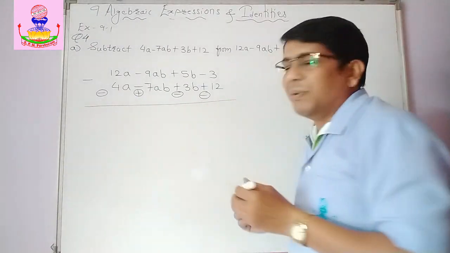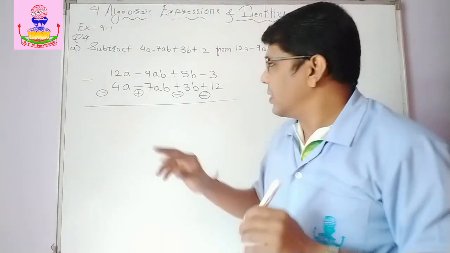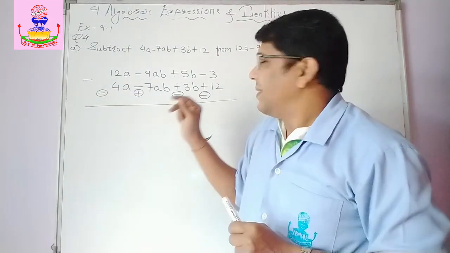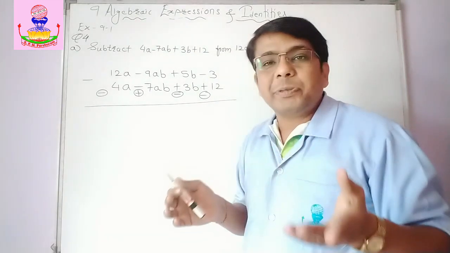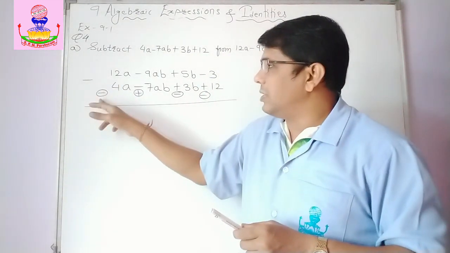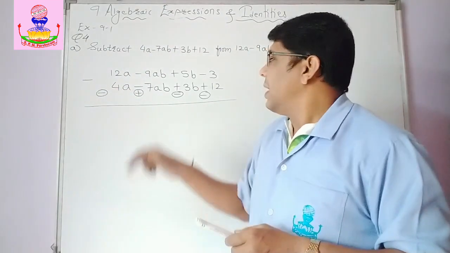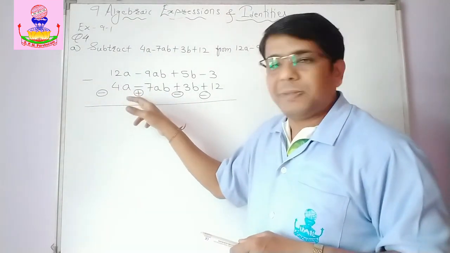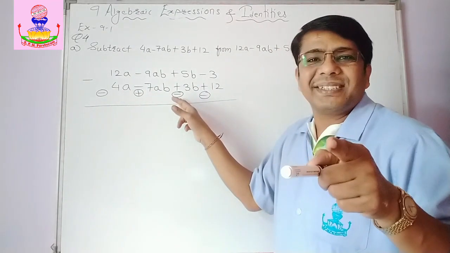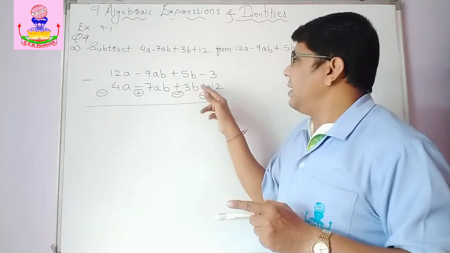Or in other words, see here, simple thing, opposite of plus 4a is minus 4a, so minus sign. I have told you, what is subtraction? Adding the opposite of it. So opposite of plus 4a is minus 4a, so minus sign. Adding opposite of minus 7ab is plus 7ab, so plus sign. Adding opposite of plus 3b is minus 3b, so minus sign.